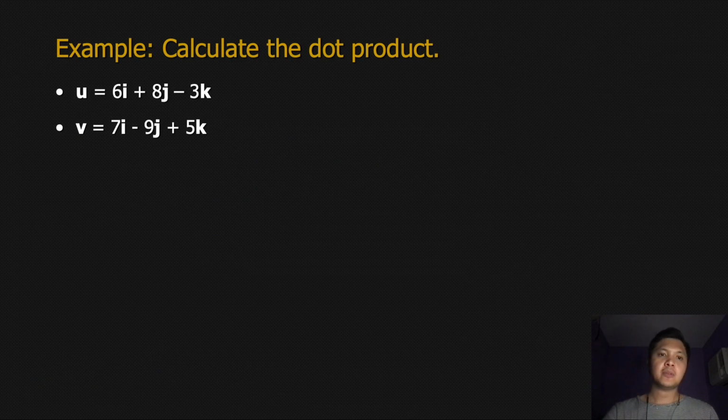Let's say, for example, we are asked to calculate the dot product of u equal to 6i plus 8j minus 3k, and v equal to 7i minus 9j plus 5k.